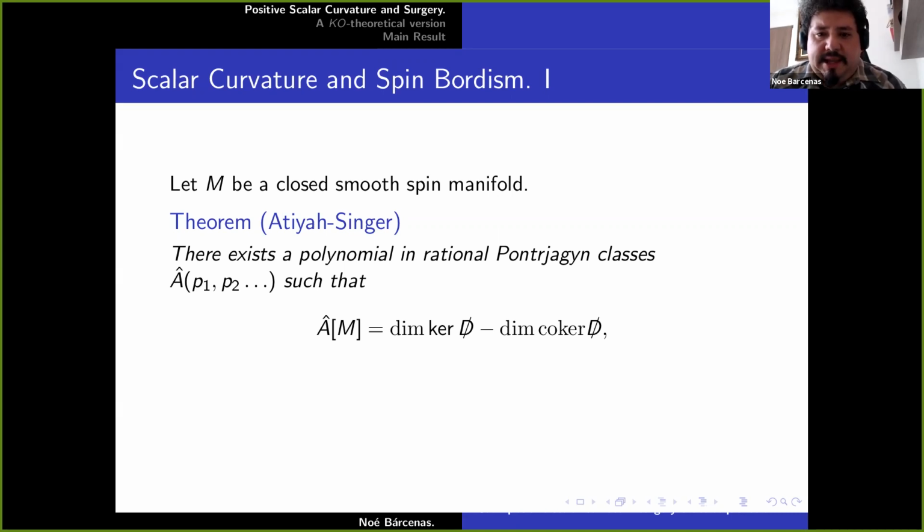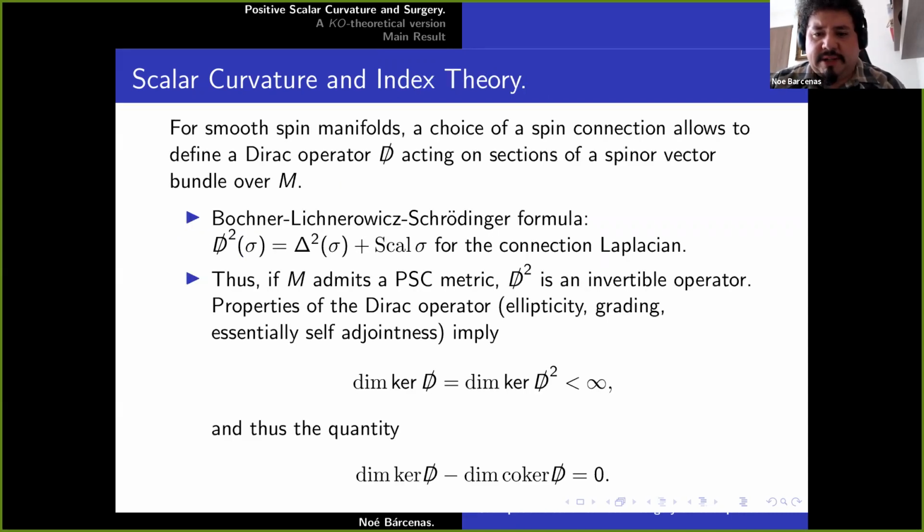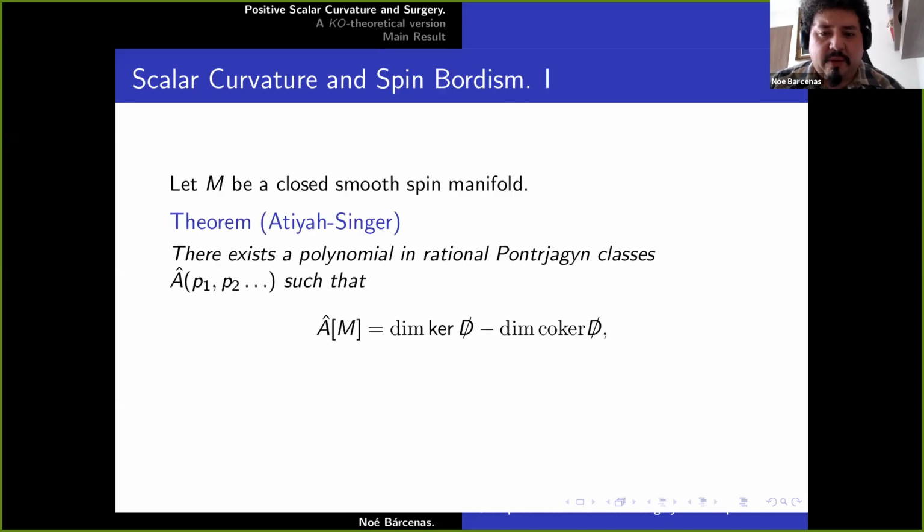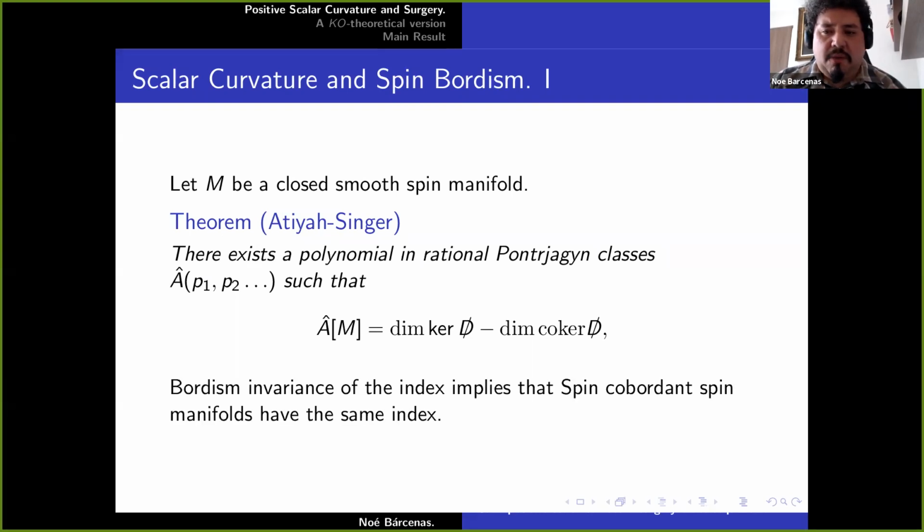So if we go back just one slide, we have this analytical quantity, the difference between the dimension of kernel and co-kernel, and then we have a polynomial in rational Pontryagin classes. So this is an indication that topology, and more specifically Bordism, should play a role.